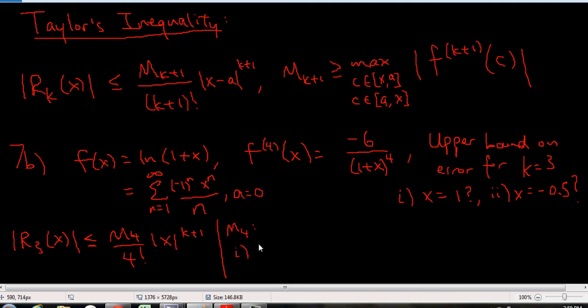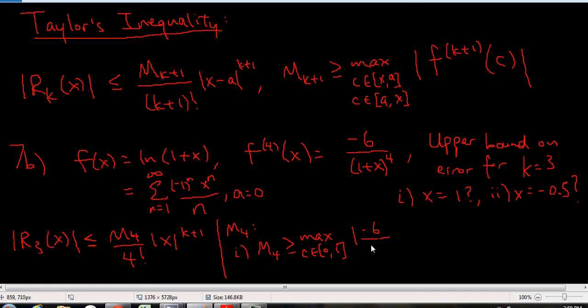So in the first case, x equals 1. Well, M4 has to be larger than or equal to the max of, well, we have a is 0, x is 1, so it's going to be the bottom case, right? So c belongs to 0 to 1 of the fourth derivative of f evaluated at c, but I've got that right here, right?